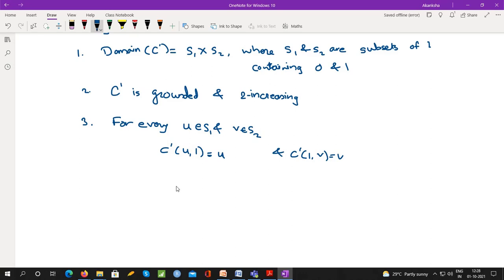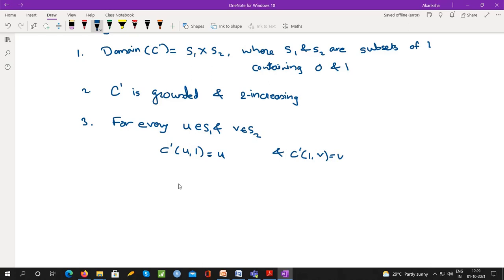Yes, ma'am, you're audible. Ma'am, which one? There were two. The second one. Okay, so let S1, S2 be non-empty subsets of R bar, and let H be a grounded 2 increasing function with domain S1 cross S2. Then H is non-decreasing in each argument. Correct. So if we have a grounded 2 increasing function, then it becomes non-decreasing in individual arguments also.